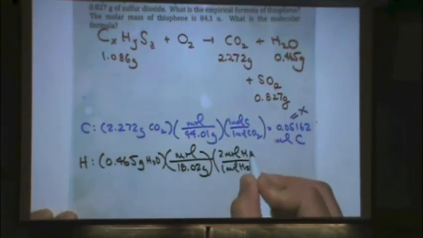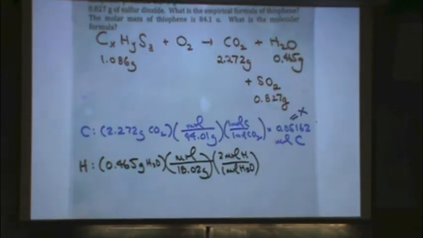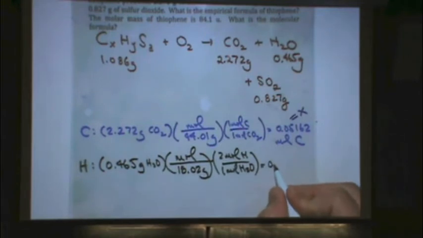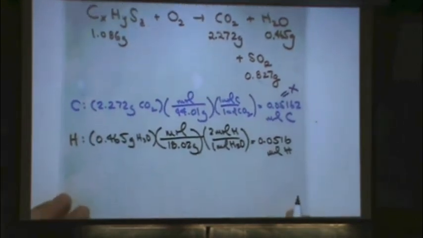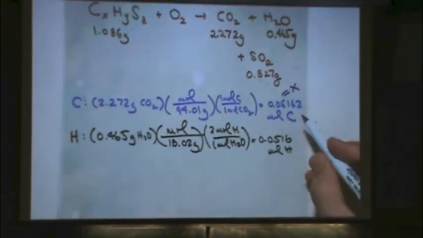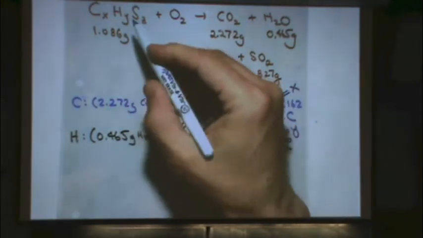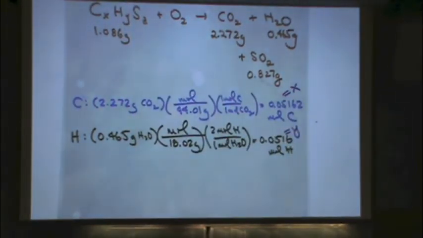Why is that? Because there's 2 atoms of hydrogen for every molecule of water. This turns out to be 0.0516 moles of hydrogen. Okay, again, what variable is this? y from up here at the top. y hydrogens.